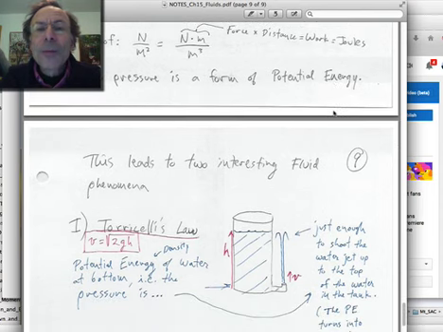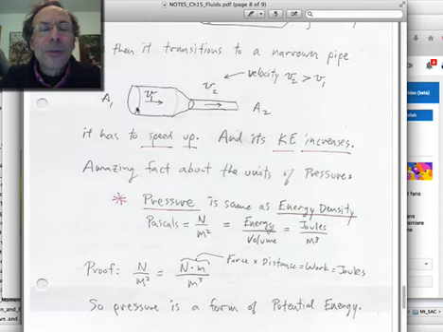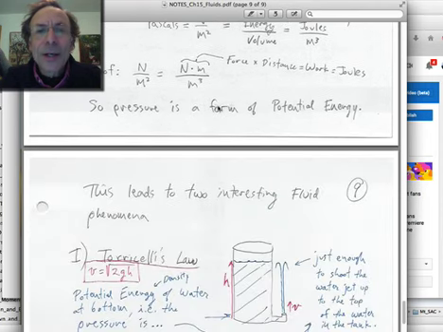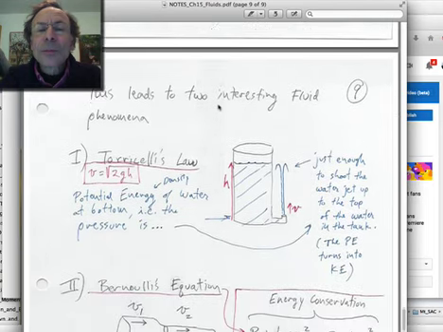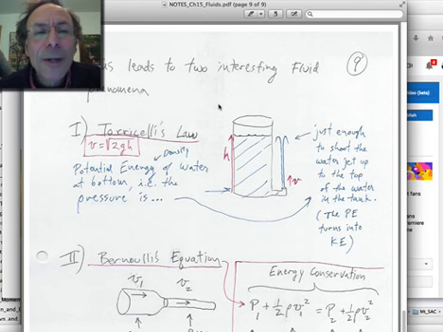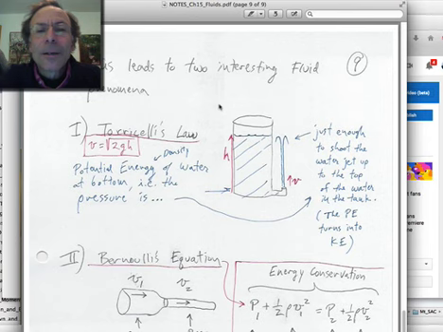Now, coming back to the speed change here, it creates several interesting fluid phenomena. So the first one is Toricelli's law. And Toricelli actually originally had a different demo.